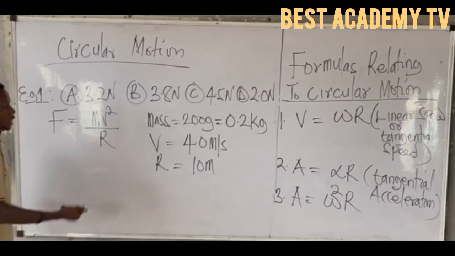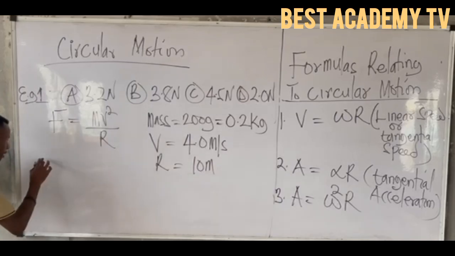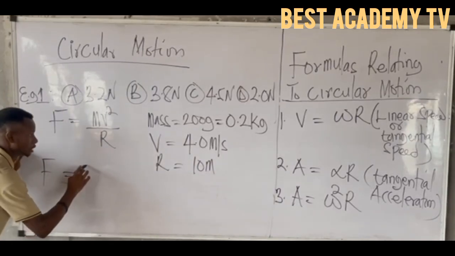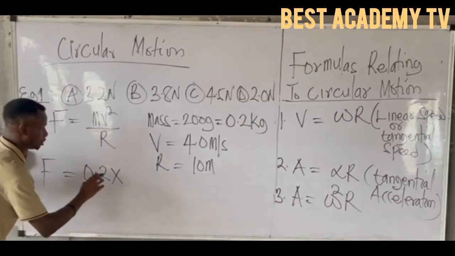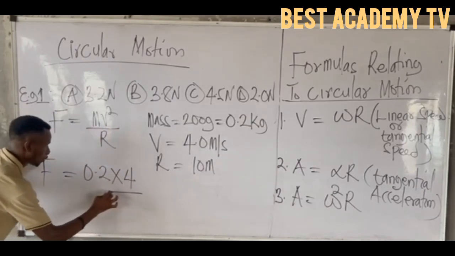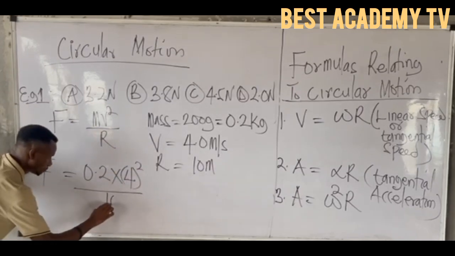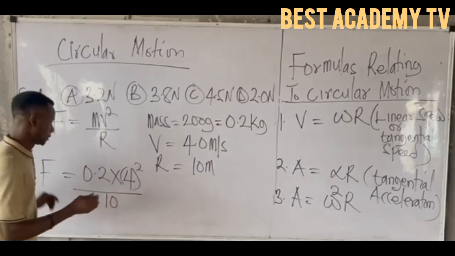So the next thing I'm going to do here is to replace them. Please take note. Alright? Replacing this, I will have F equal to mass, 0.2, times velocity, 4 all squared. Don't forget. Over what? 10. Alright? Now 4 all squared gives us 16. Please take note of this.